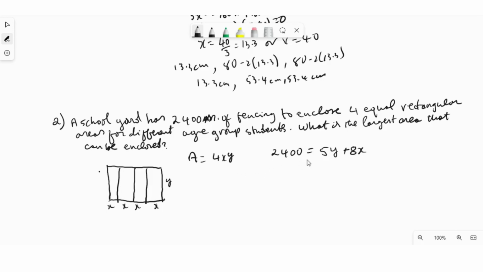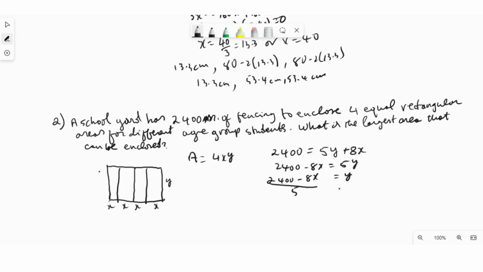So now we can isolate one term in the other one. So we have 2400 minus 8x equal to 5y. Therefore, y equals (2400 minus 8x) over 5.